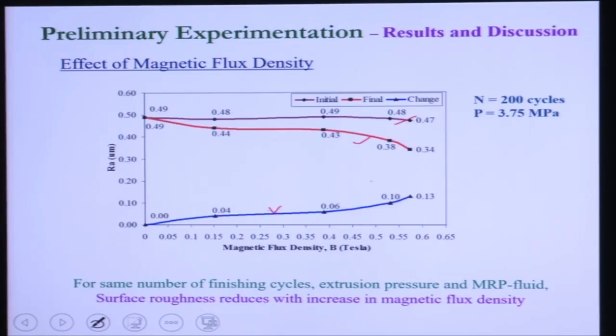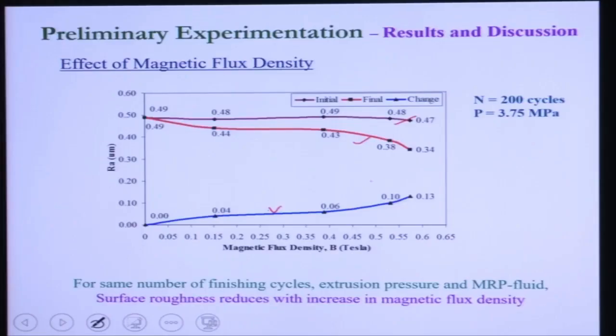The dipole moment also increases with the increase in the magnetic field, so the dipole moment of all individual iron particles also increases. That's why it forms a stronger chain. When the active abrasive particles are held in between these stronger chains, they get more bonding strength and polish with better efficiency.